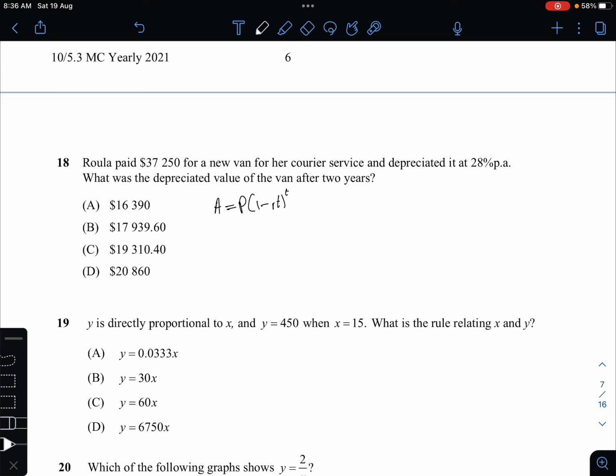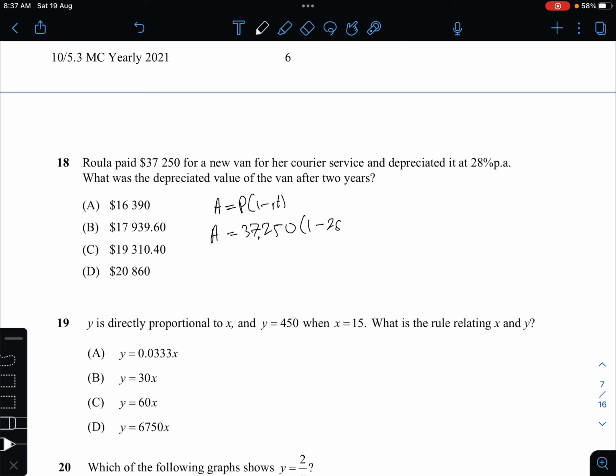Yeah. Oh no, not to the power of T. Sorry. So A equals 37,250. Sorry if I'm clueless on these finance ones. I haven't actually learnt them at school, so I'm not 100% sure on them.